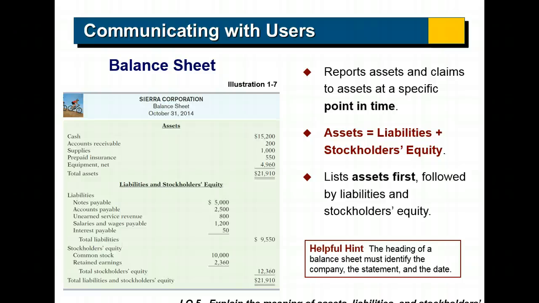So do you see here how assets equal the liabilities plus the owner's equity? Does that make sense? That is the most important equation you will learn in accounting. It's called the accounting equation. You'll see this again. Assets equal liabilities plus owner's equity.